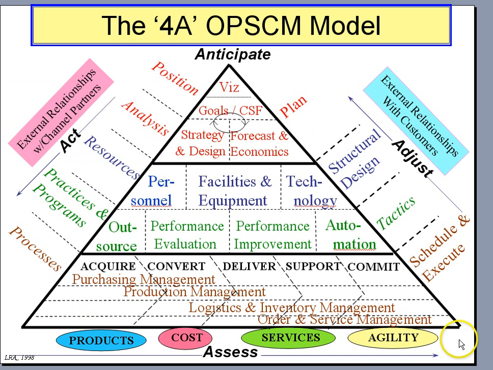A look at the full detail of the model. We call this one the 4A model. It shows the detail inside each of the 4 different decision levels. So we have the decision levels over here: the planning level, the structural design level, tactics, and schedule and execution. And again, we will cover each one of these.